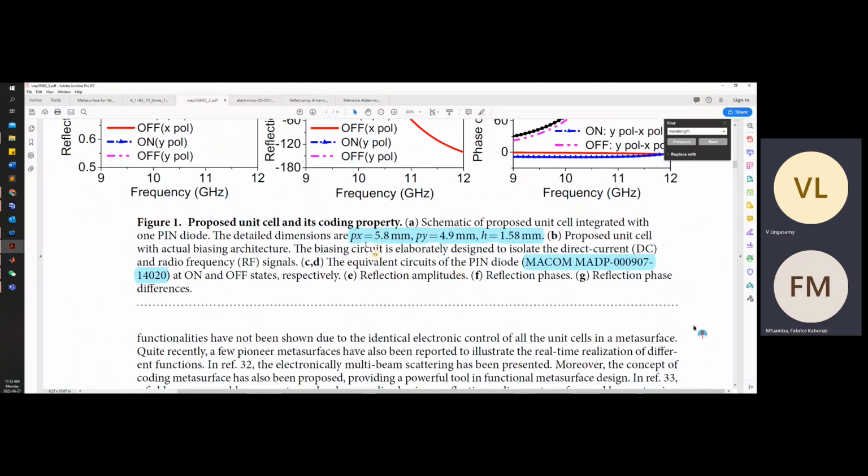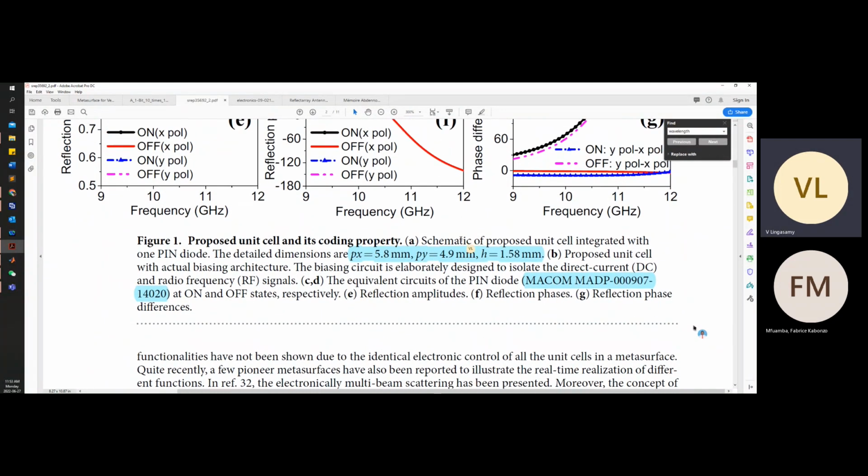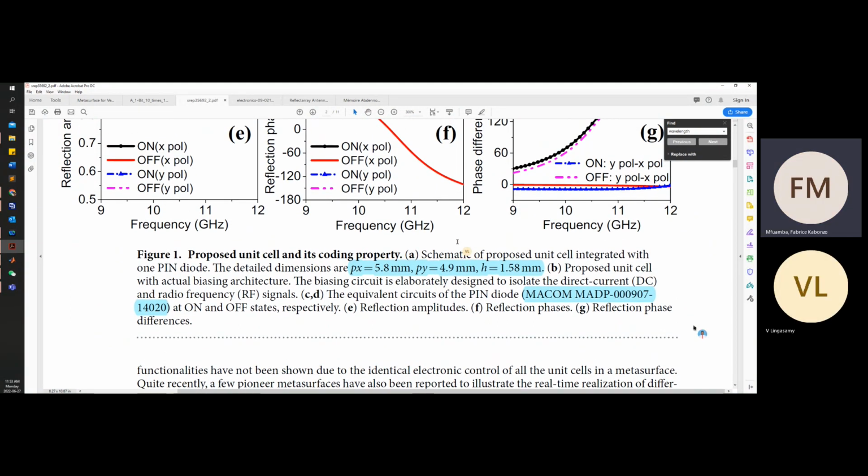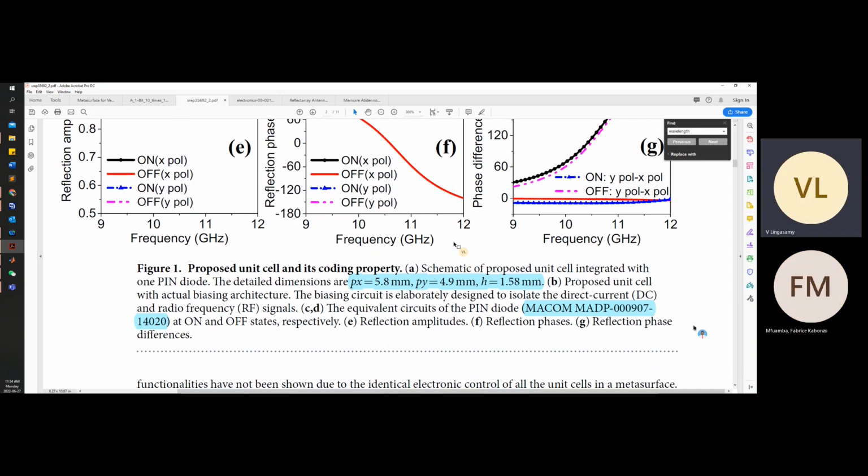This is for the 5.8 mm by 4.9 mm patch. So what is the substrate? Substrate height is 1.58. That's fine, but px and py may be the unit cell size.